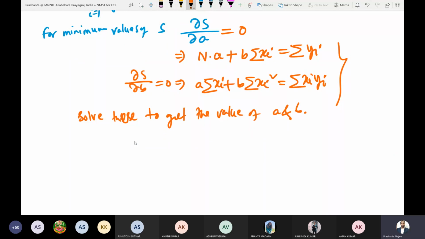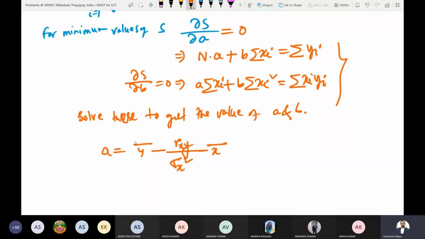Ultimately, you will get the values of a and b as follows. If you solve for a and b, a will be y bar minus rxy by sigma x square into x bar.